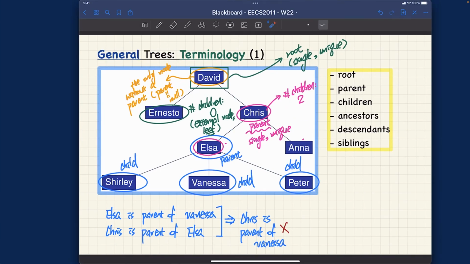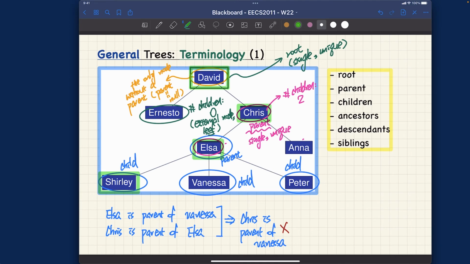Over here, let's say we start from Shirley. So Shirley herself will be included in the ancestor. Also, Shirley's parent will be Elsa, and Shirley's grandparent will be Elsa's parent, which will be Chris. And then we simply follow this particular path all the way until the root.